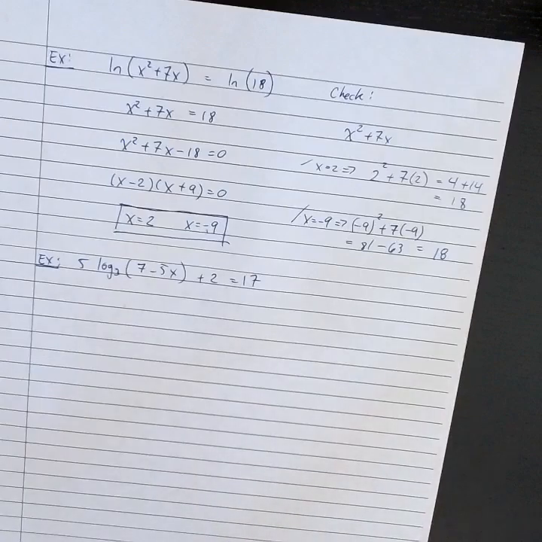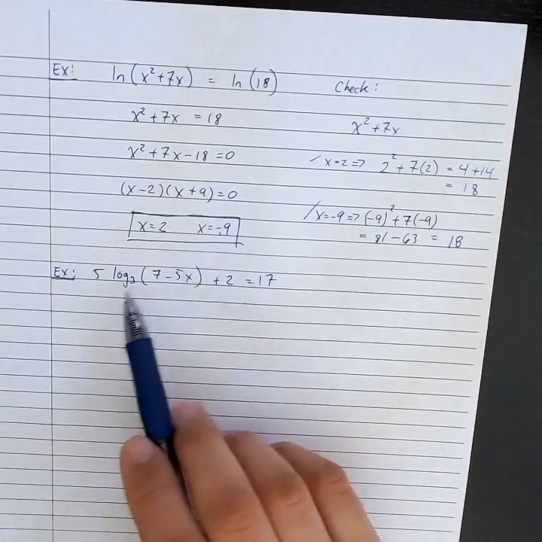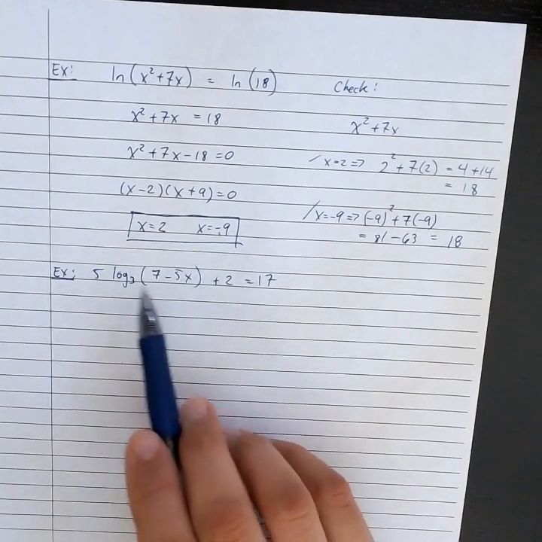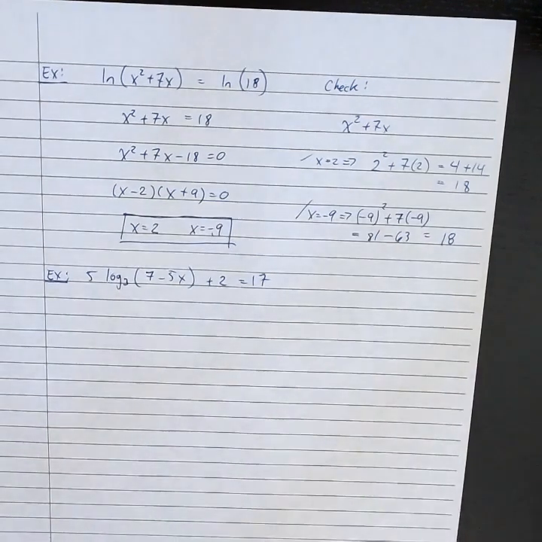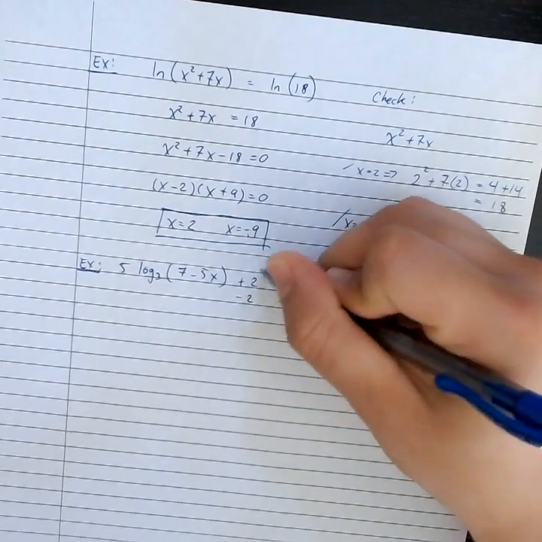Okay, so for an example like this, we want to start off by isolating the logarithm. There might be some other stuff around it. We don't want that other stuff around. We want this by itself so we can work on just that part. So let's subtract 2 from both sides, and that's gone.